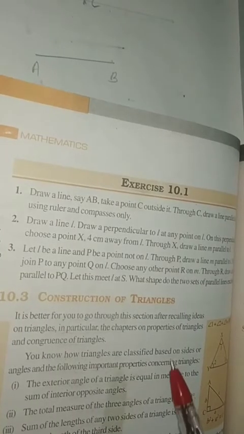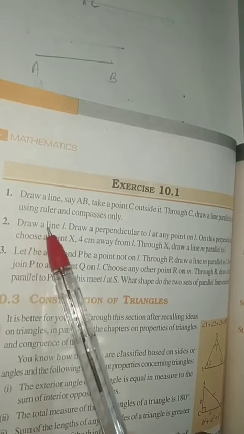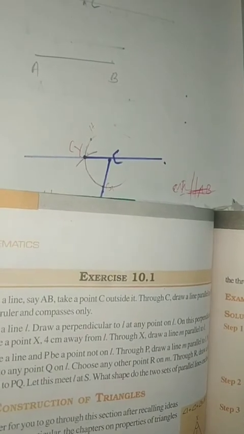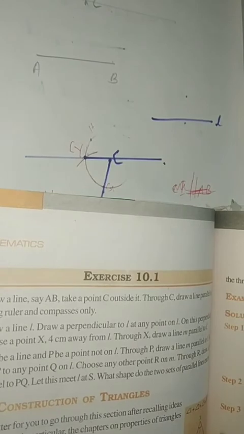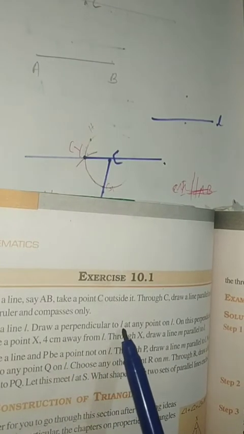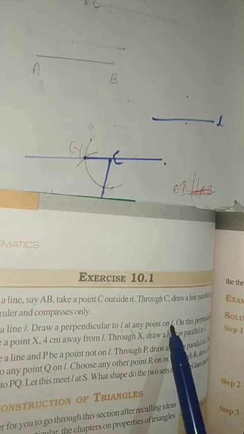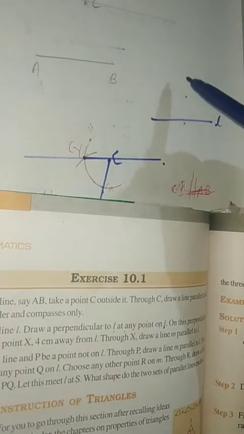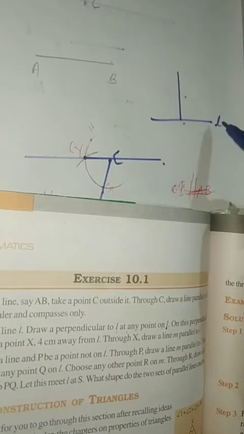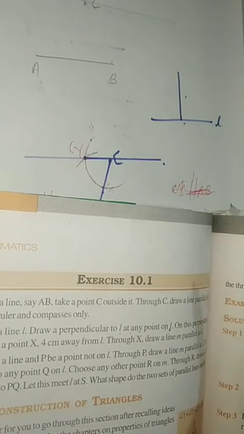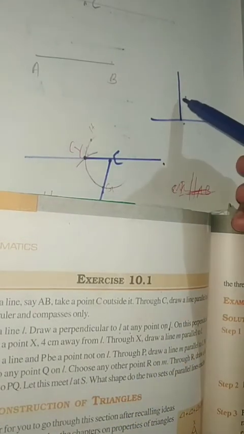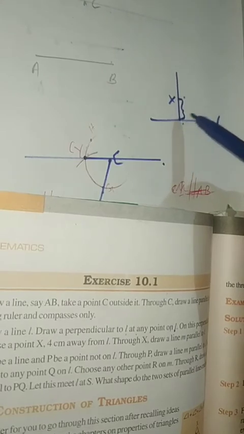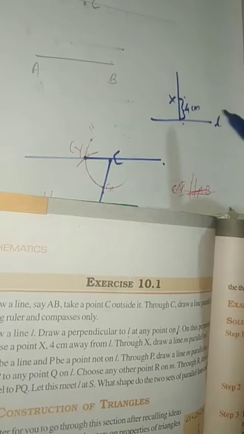Clear? Now we can do the second question also, that is, draw a line L. Then draw a perpendicular to L at any point on L. On this perpendicular, choose a point X. That is, we have to draw a perpendicular line to L. The distance from this point X to line L should be 4 centimeter.